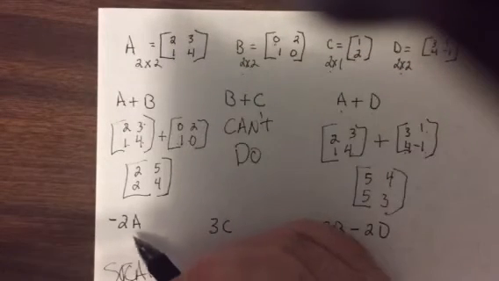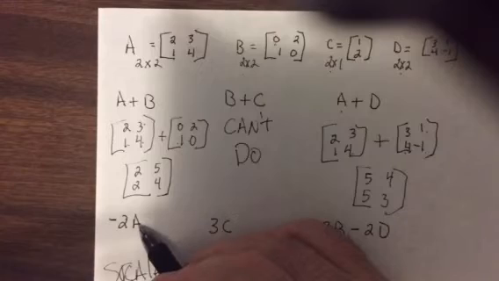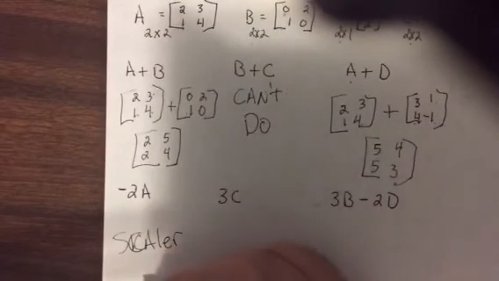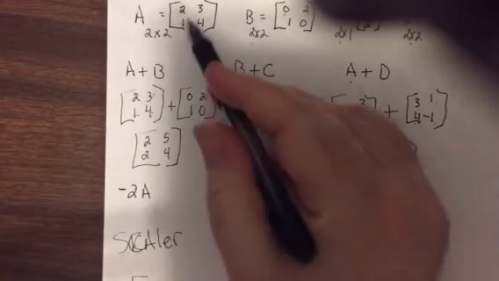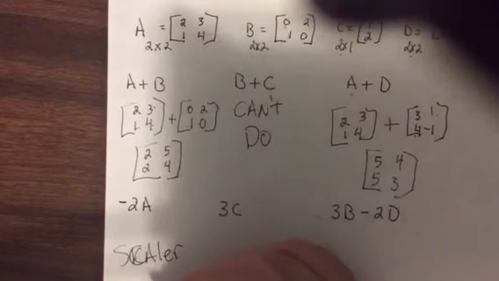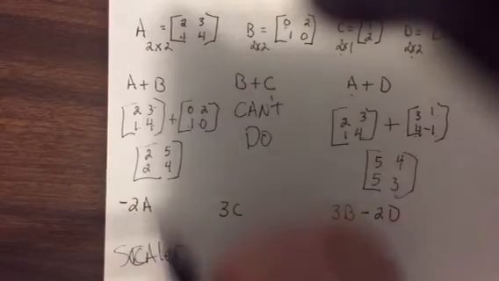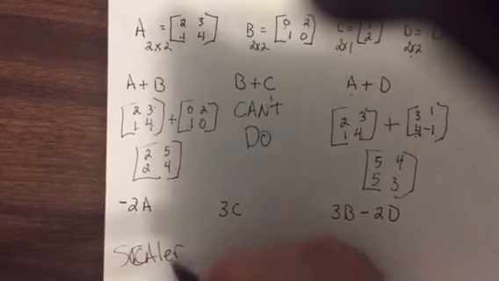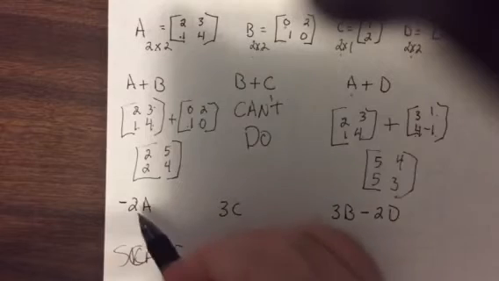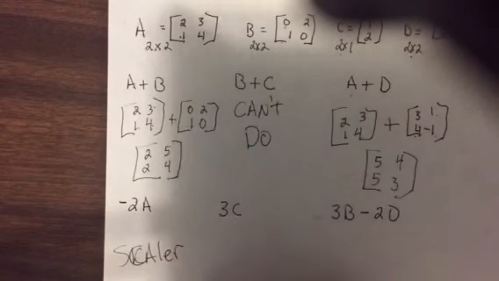So, negative 2 times the matrix A, we would have negative 2 times 2, that's negative 4. Negative 2 times 1, negative 2. Negative 2 times 3, that's negative 6. And negative 2 times 4 is negative 8.